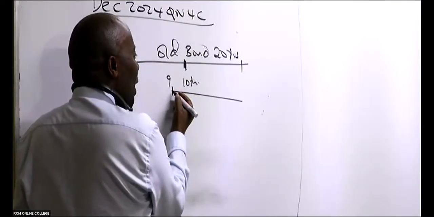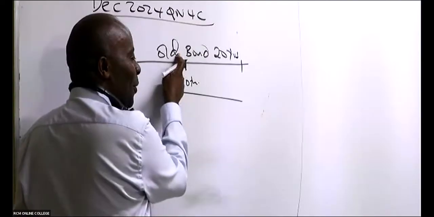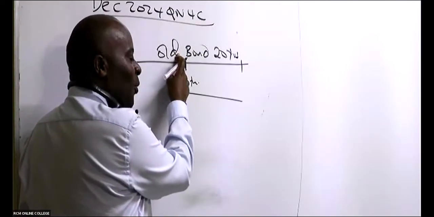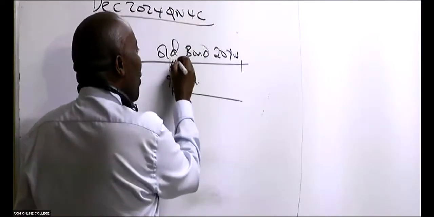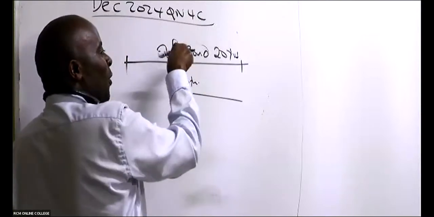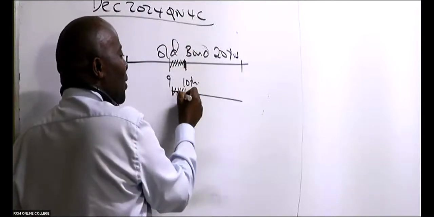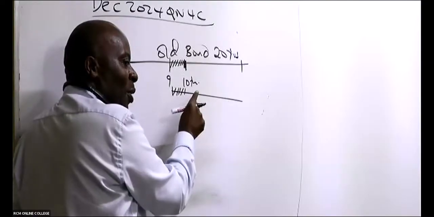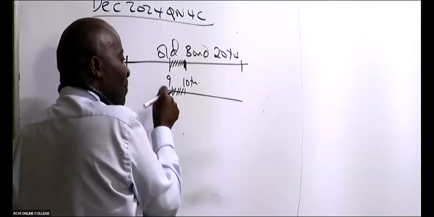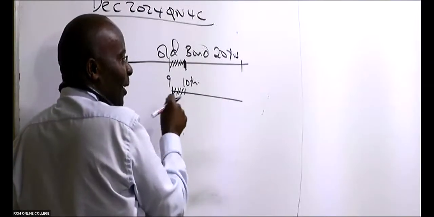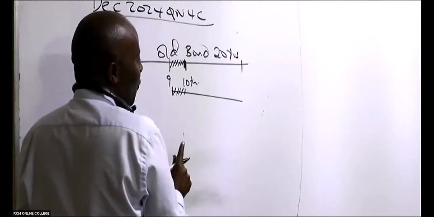But you see, this new cash is the one I'll use to refund the old people. So it means that there will be a period when you will be paying interest for the old bond and for the new bond. We call it the overlapping interest period, because I want you to listen to me very carefully.